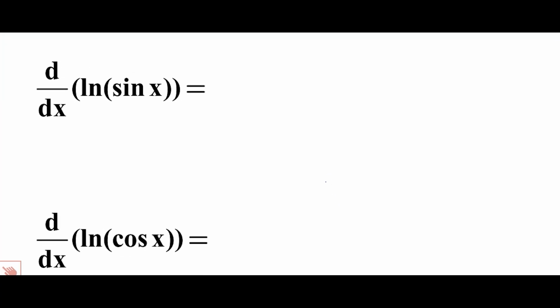Or the derivative of ln of sine of x is equal to, the derivative of sine of x is cosine of x over sine of x. The derivative of inside divided by inside. So we have cosine of x over sine of x, which is cotangent of x.